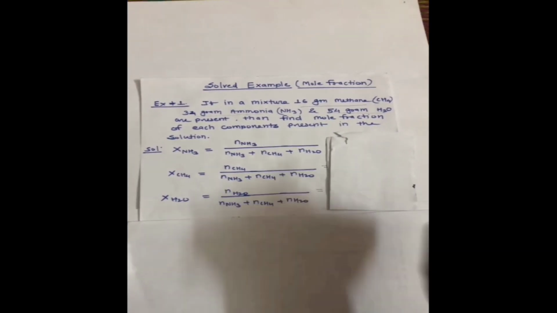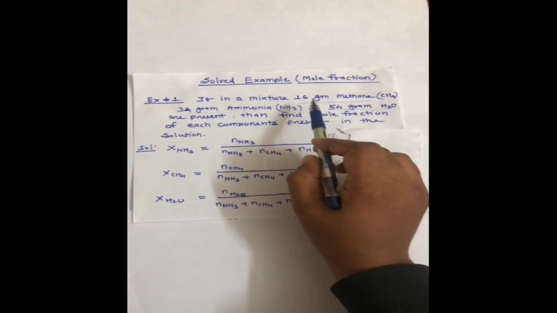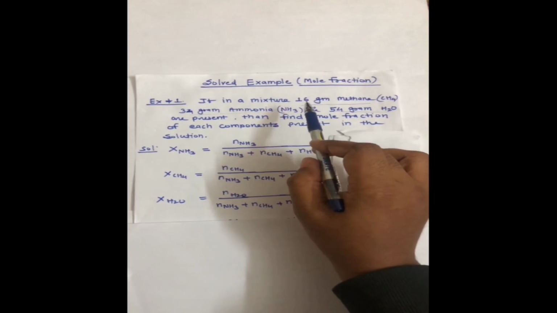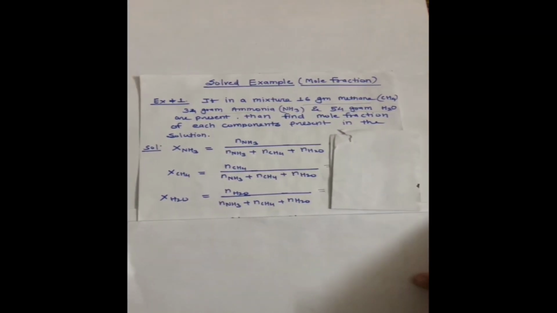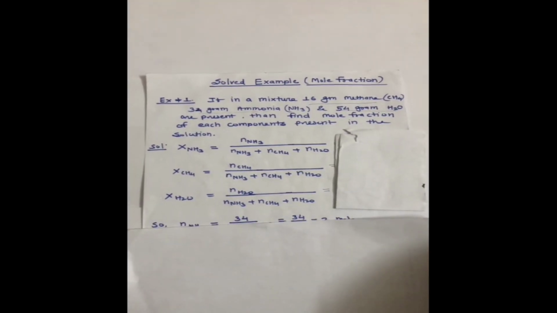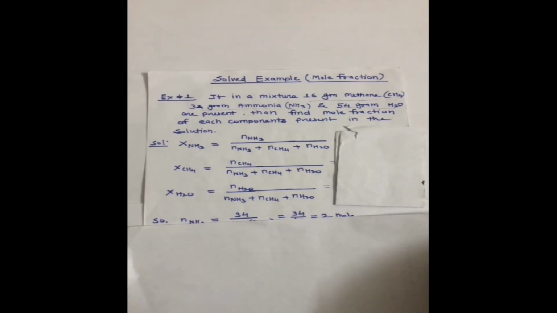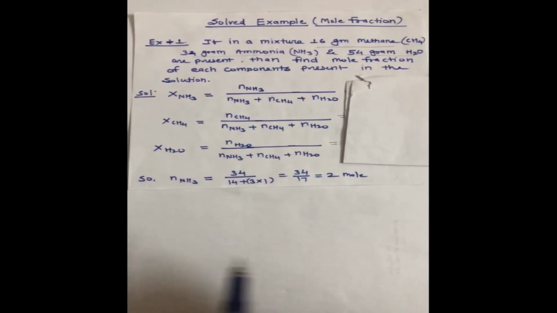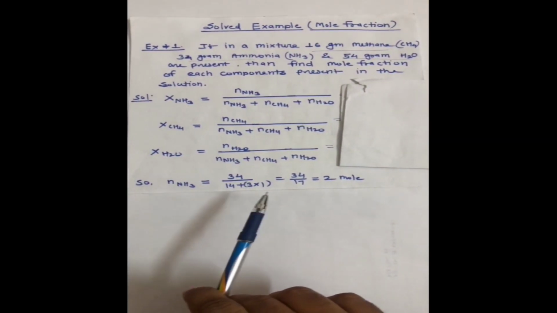Now see, in the question, is mole given or mass given? So we can see that here number of mole is not given. Here only mass is given, that is 16 gram, 34 gram and 54 gram. So for solving this question, our first duty is that we have to find number of mole of each component.